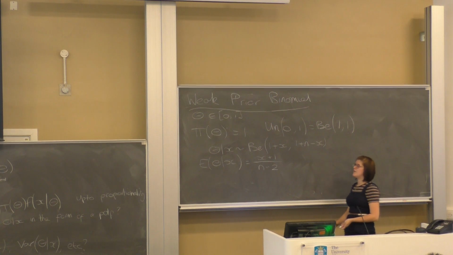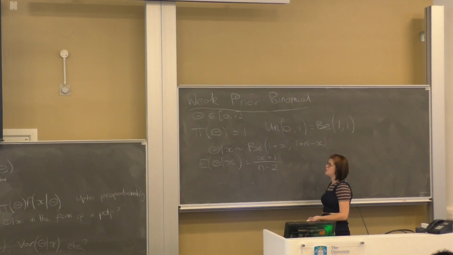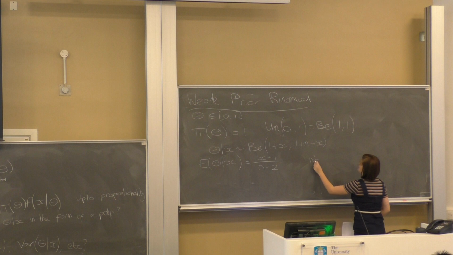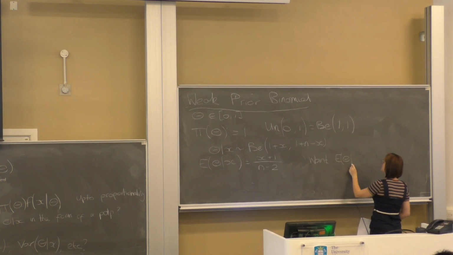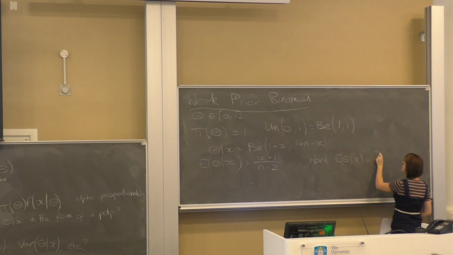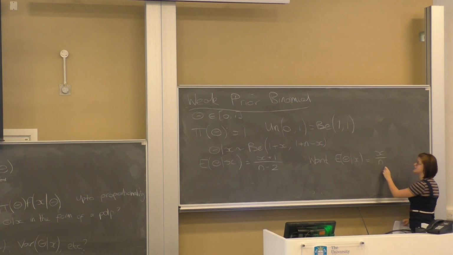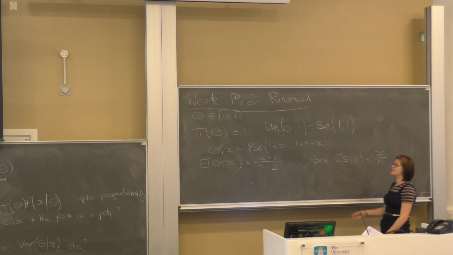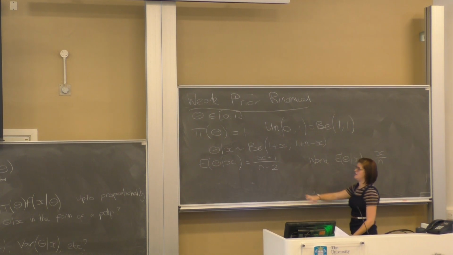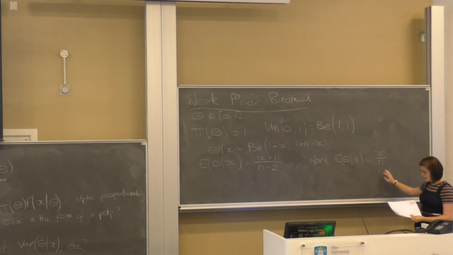Really, if we didn't know anything about theta, we'd probably want our posterior expectation to just equal the maximum likelihood estimator of our data, so just the proportion of successes that we've observed. But in this case, we have these two values that take it away from that value.